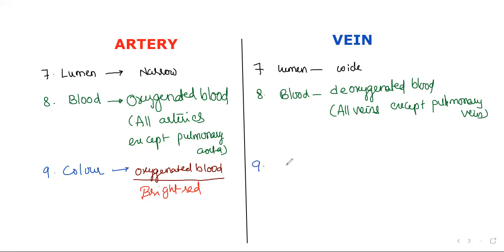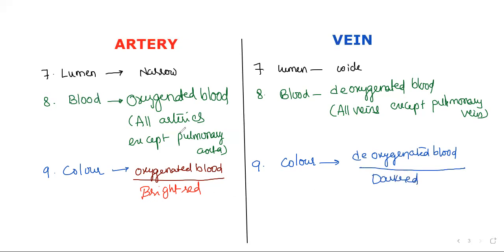Here, dark red color, total deoxygenated blood, excepting that. So we can say the color is going to be dark red. In case of pulmonary artery, the blood color is dark red because it contains deoxygenated blood.